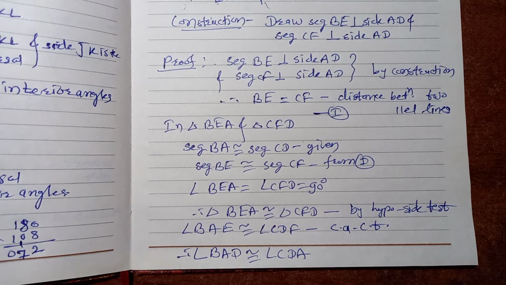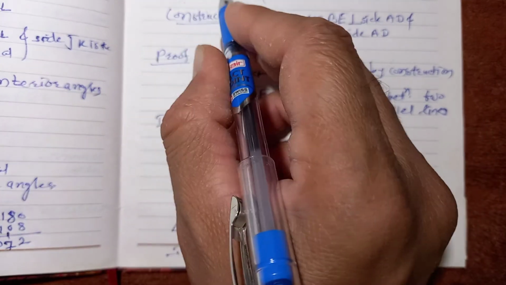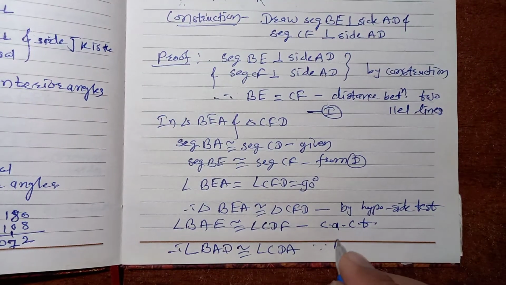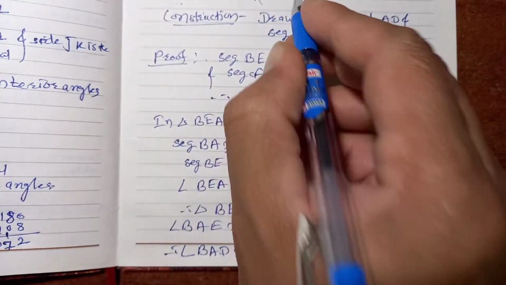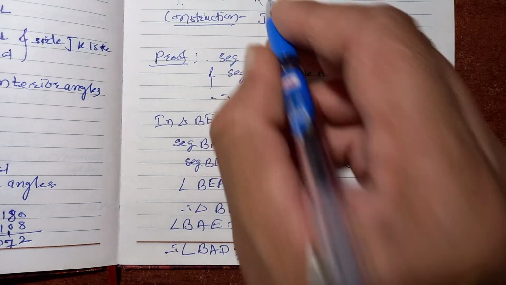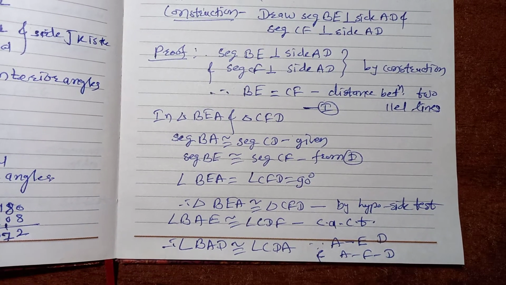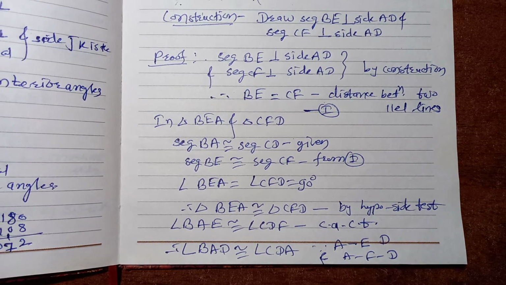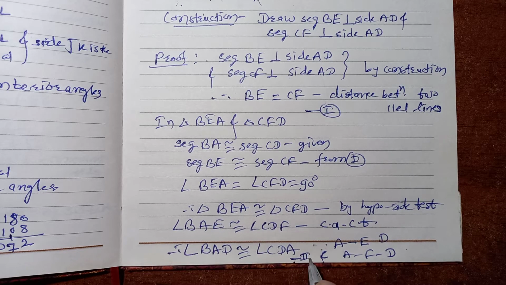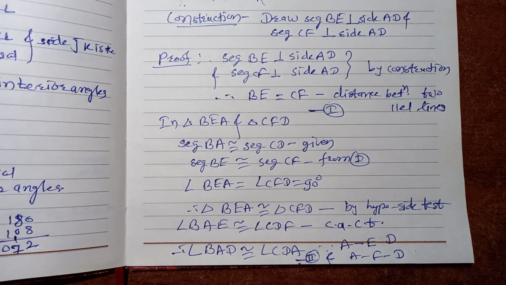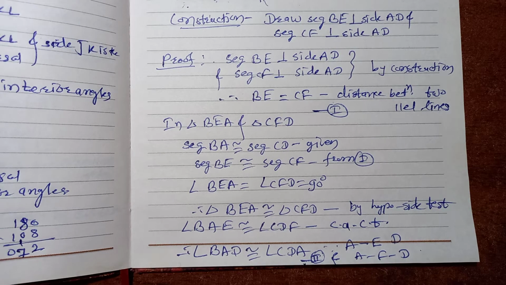So this is how we can write this, because E is between A and D, and F is also between A and D. We can write it by the betweenness. So this is suppose second equation.